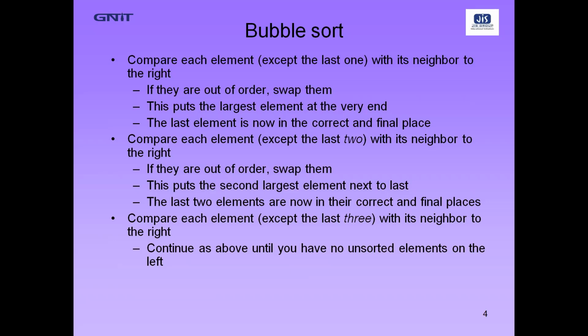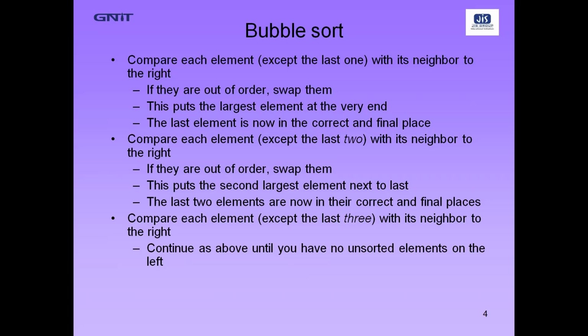The bubble sort algorithm works in this way: if there are n elements, then the total number of iterations required is n minus 1. In iteration 1, or pass 1, we compare P1 with P2 and arrange them in ascending order, such that P1 is less than P2.